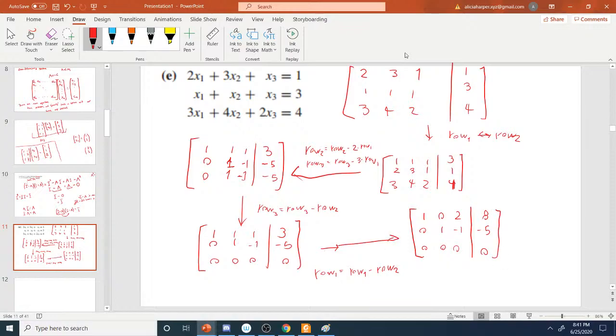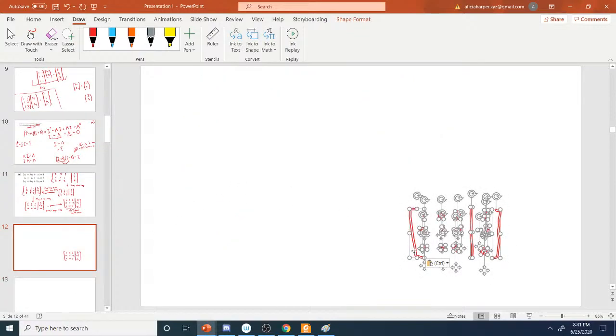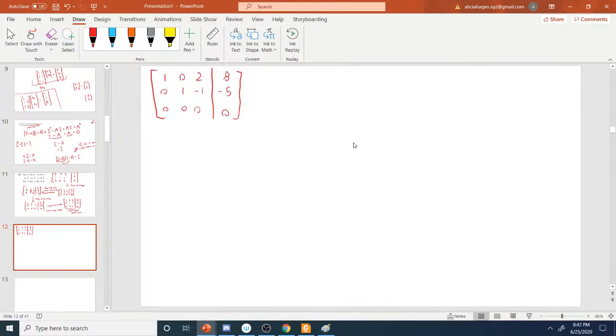Now, this right here is in row reduced echelon form. And now I can go about solving this system. So I'll take this, and I'll bring it over here to study it.